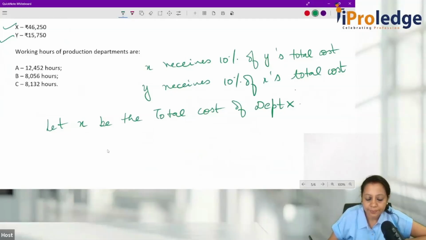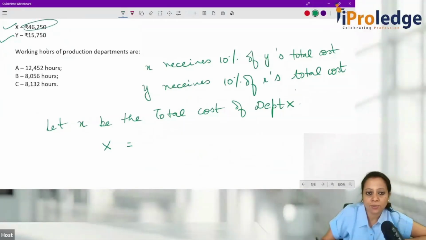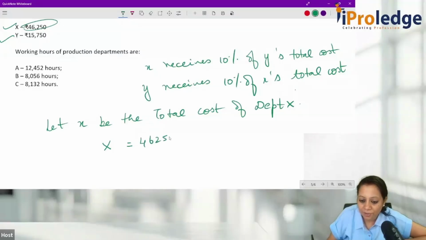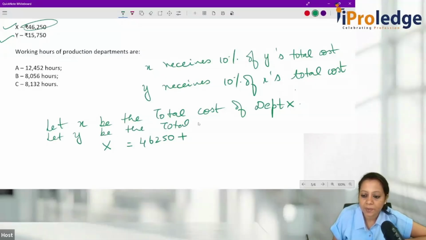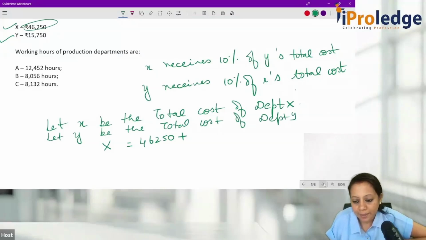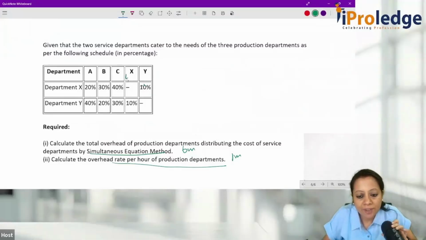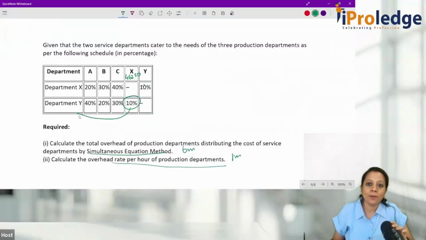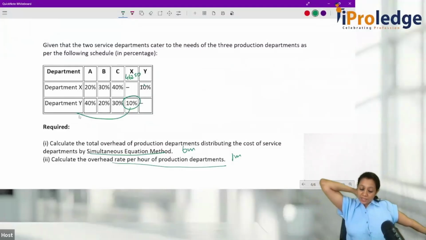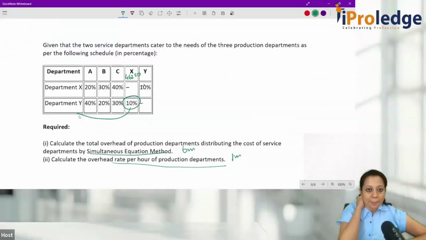So now X is equal to this 46,250, the overheads incurred by X, plus, let Y be the total cost of department Y. So 46,250 it incurred plus 10% of Y also it is incurring now, because the cleaning polishing department gives services for the cleaning department also.